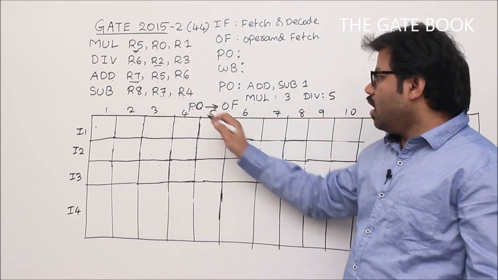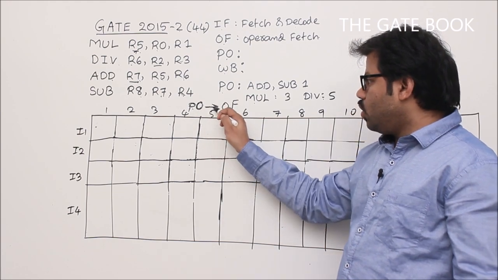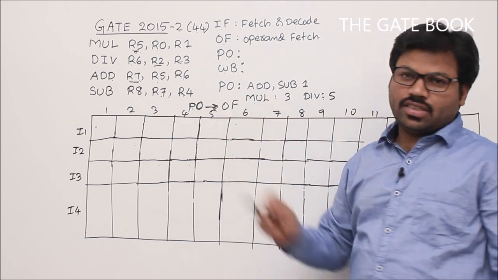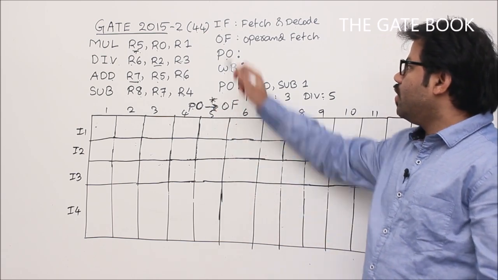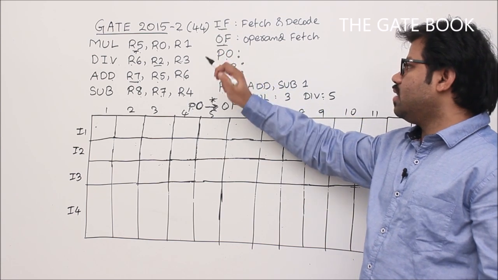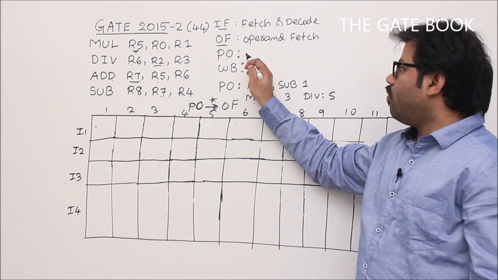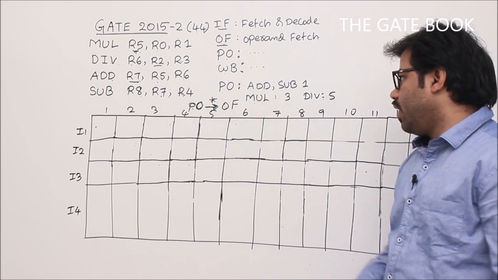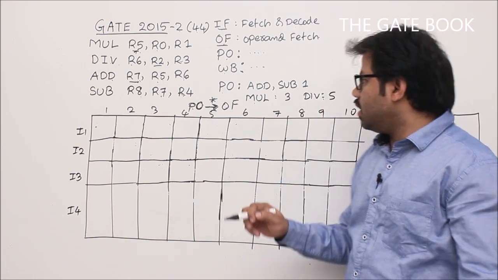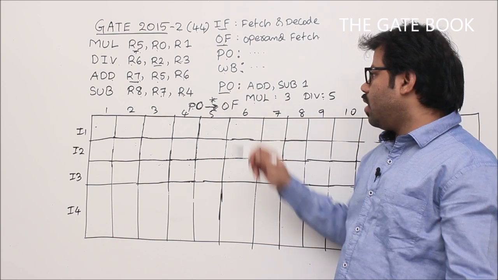They have mentioned that we have to do operand forwarding between perform operation stage to operand fetch stage. Remember that, okay? Only this forwarding is possible. Now they have mentioned that there are 4 stages: instruction fetch and decode 1 stage, operand fetch 2nd stage, performing operation 3rd stage, writing back 4th stage. Okay. Now one more extra thing they have mentioned, that perform operation is taking a variable number of clock cycles.